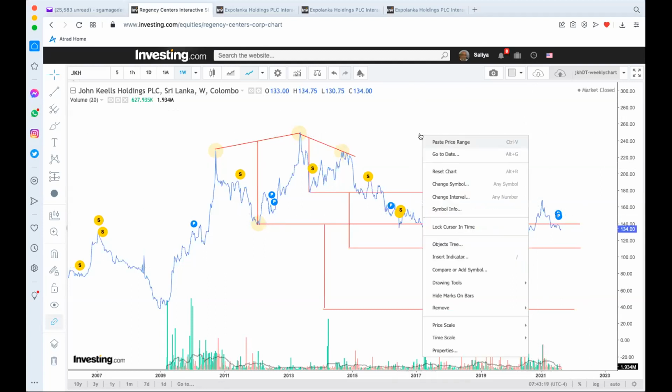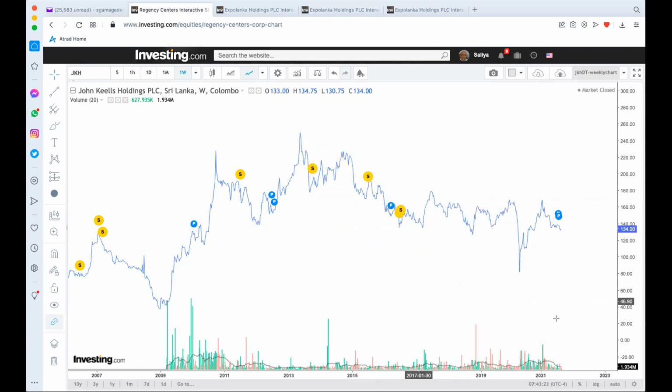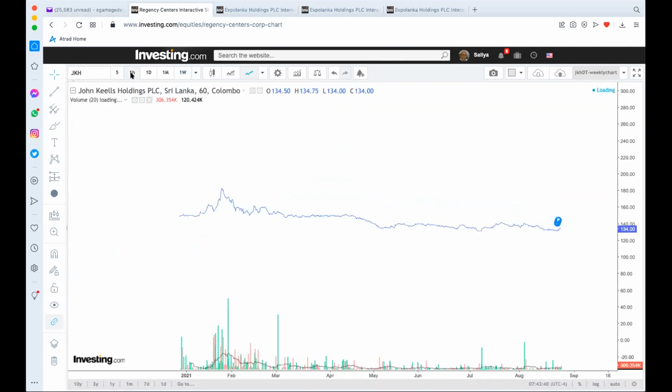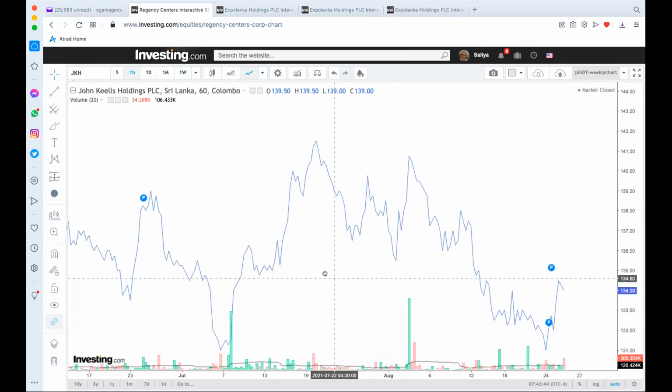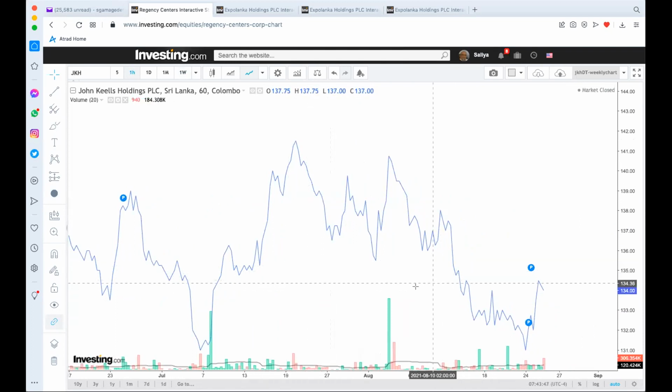Now I'm going to remove all these drawing tools and go to a 1 hour chart. Right now, this is a weekly chart. No point using the monthly chart because sometimes you may not get a lot of data. Therefore, we are going to make use of the 1 hour chart. In the 1 hour chart also, you will see a lot of information.